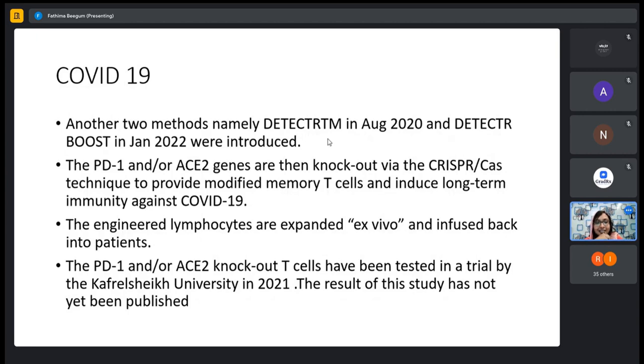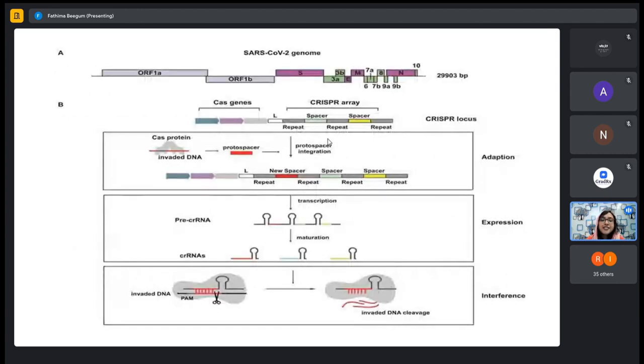In a study at a university in 2021, this PD1 ACE2 knockout was tested in a trial, and the result is yet to be published.